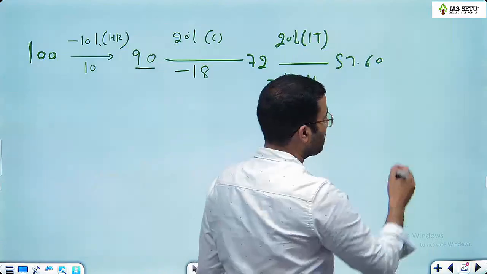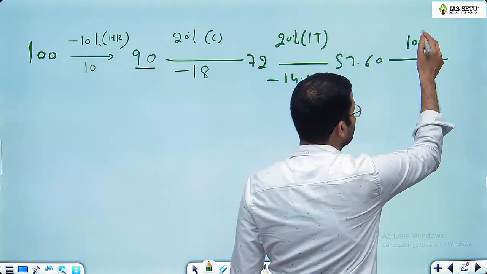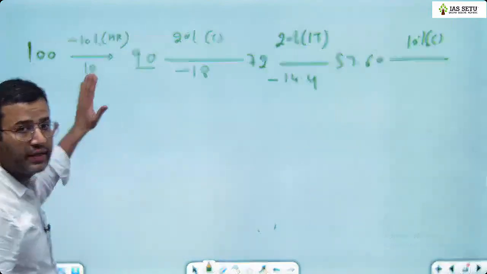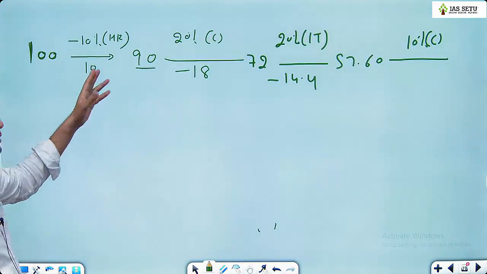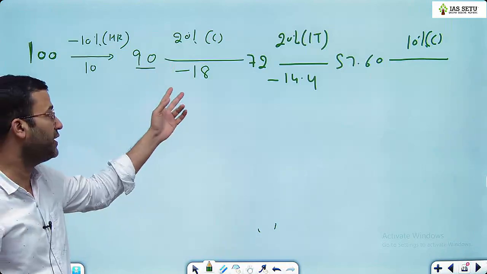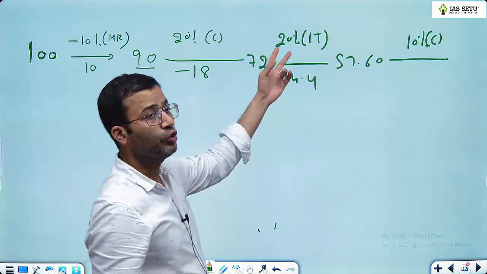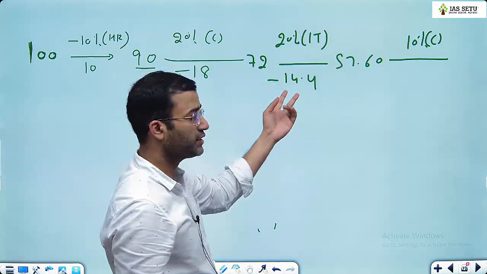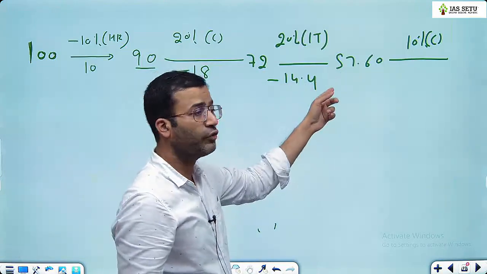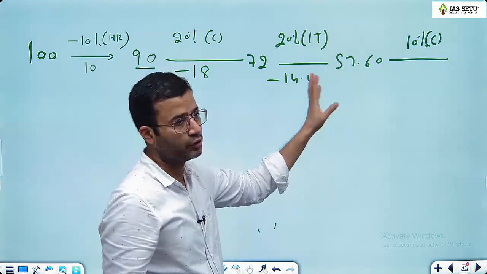Then last, 10% of the balance he spent on clothes. I repeat, 10% of 100 as house rent, 90 left. Then 20% of 90 for the transport or convenience, 18. Left 72. 20% of 72 income tax, 14.4. Then here 57.6. 10% of 57.6 for the clothes.